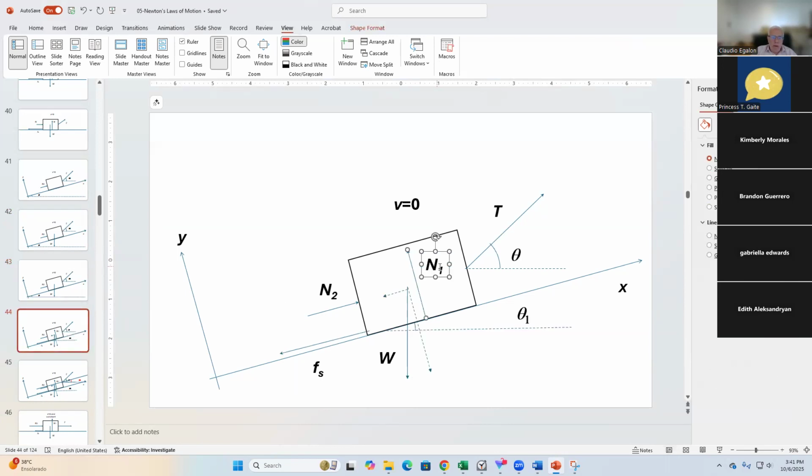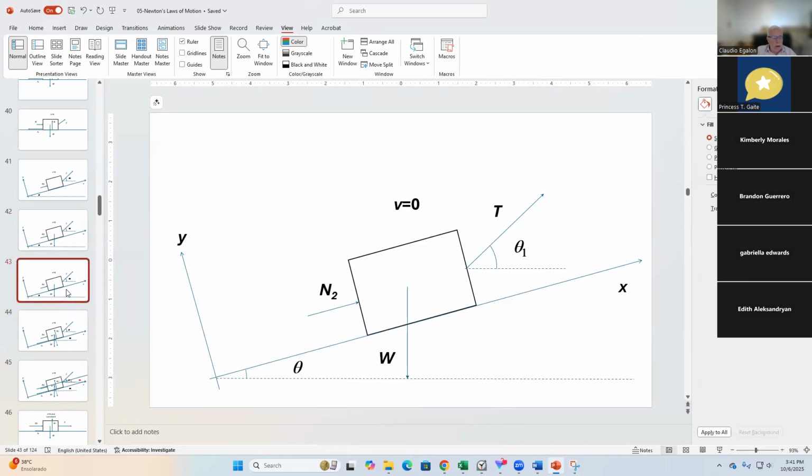And don't forget, now the normal force is no longer in the vertical, but it's going to be making an angle with the vertical because we have an inclined plane. Do you understand the difference between this problem here and the previous one? As the plane becomes inclined, the normal changes direction. This normal here, between the surface and the block, changes direction.